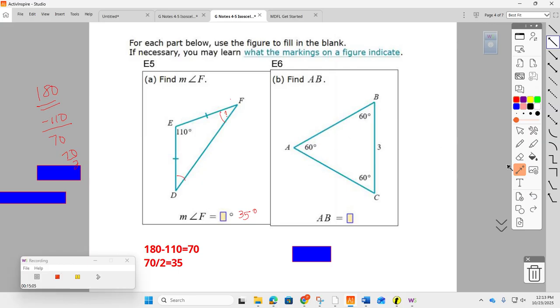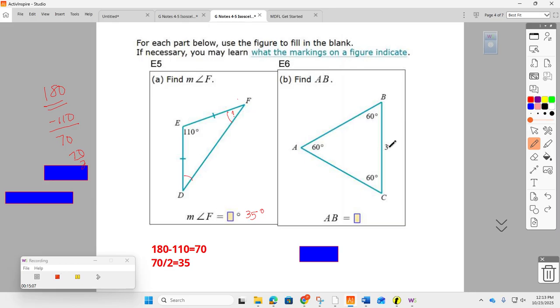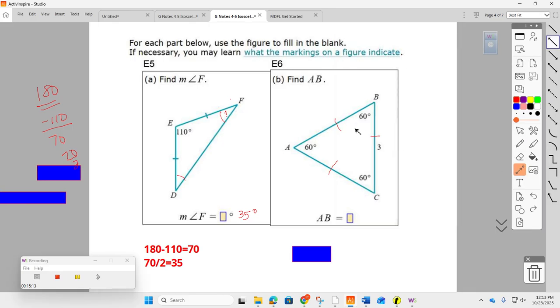So if this side is 3, this side also has to be 3. So the sides across from all of the angles would have to be congruent. Kind of, sort of. My arrow's in the wrong spot, but you get the gist, right?